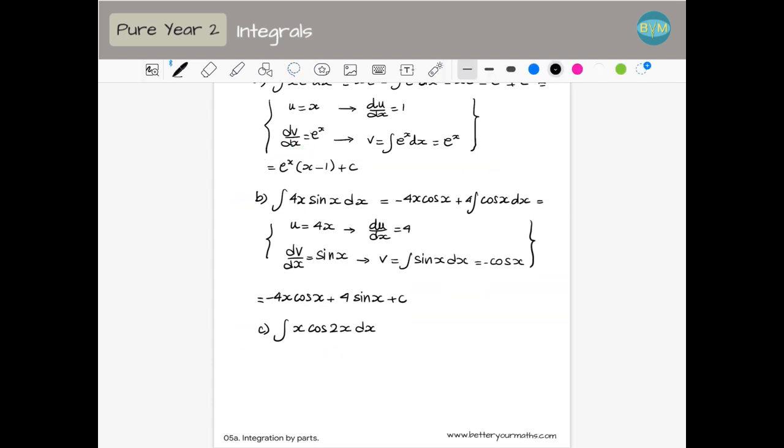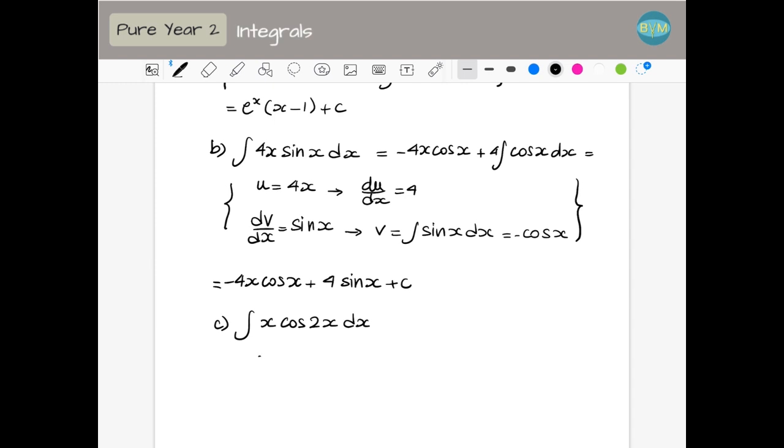I'm going to get u is x, and dv dx is cos 2x, which means du dx is going to be 1, and v is going to be the integral of cos 2x, which is sine 2x divided by 2, because when I derivate the sine 2x, I have a 2 that I don't want, and I substitute.